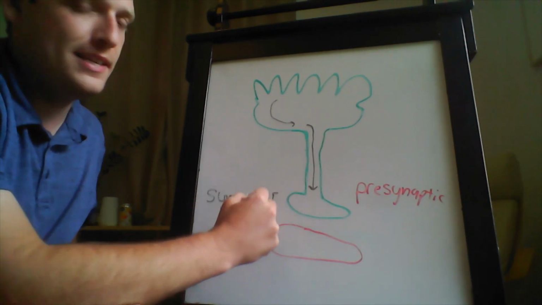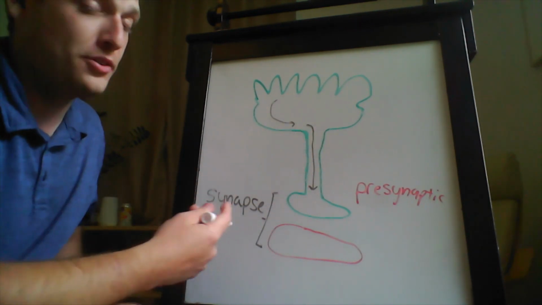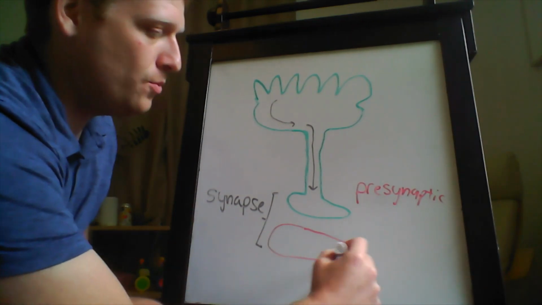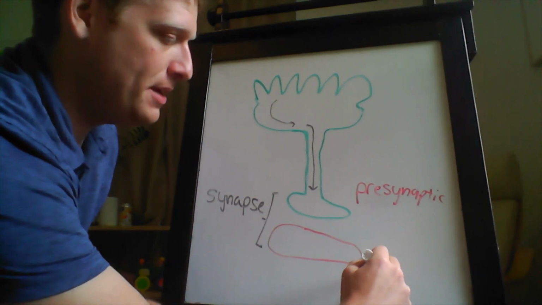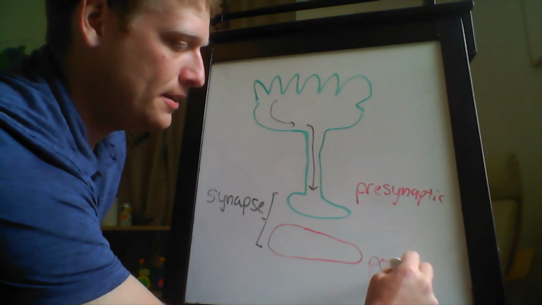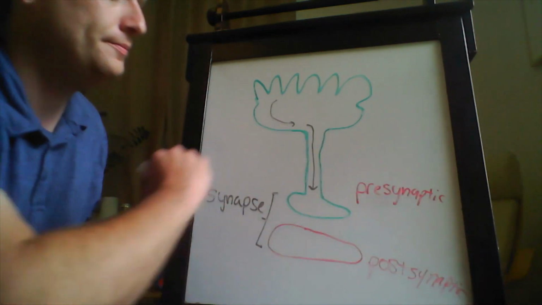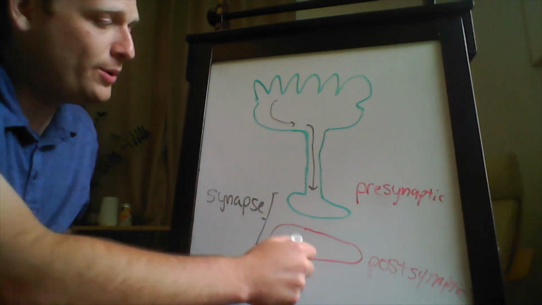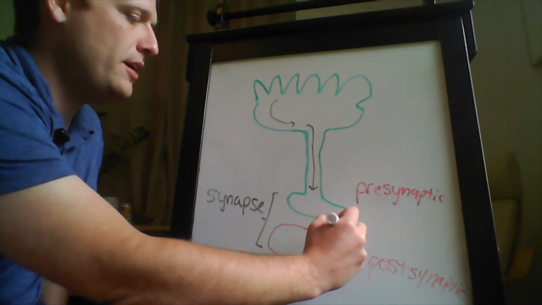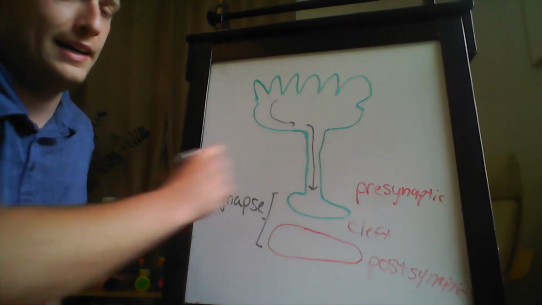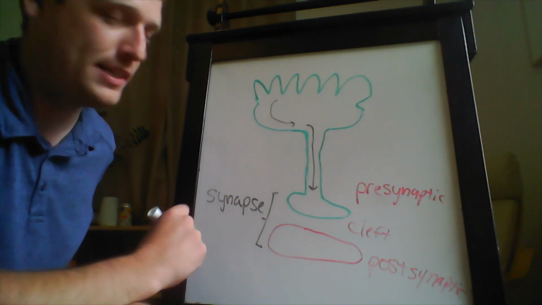If this is the synapse, this neuron occurs before the synapse, so it's presynaptic. And whatever is receiving the signal would be postsynaptic. And between those two cells, you have the synaptic cleft, in the case of a chemical synapse.